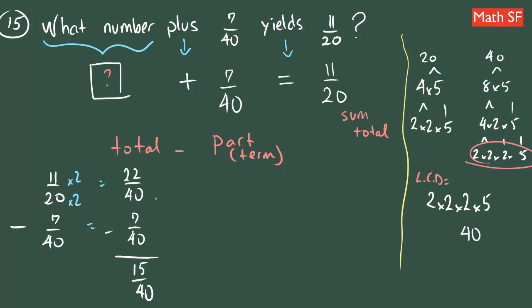Well, 15 can be written as 3 times 5, and 40 can be 8 times 5. Now you can see that you can cancel this part here, and you're left with 3/8. So what number plus 7/40 yields 11/20? The answer should be 3/8.